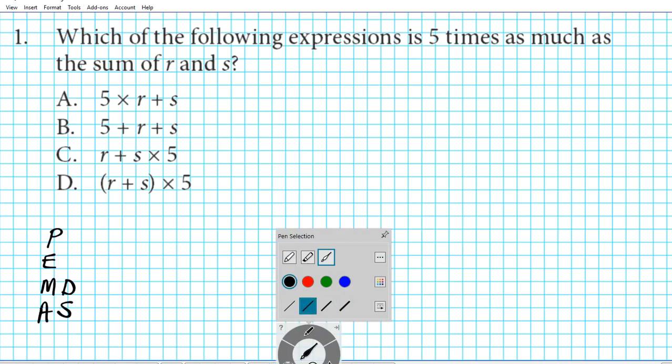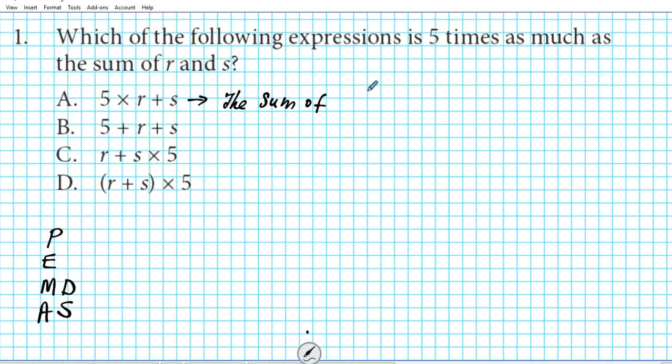Okay, so let's write this down. Option A is the sum. You state the last expression first. The sum of 5 times r and s. Now let's take a look at option B. We have 5 plus r plus s.